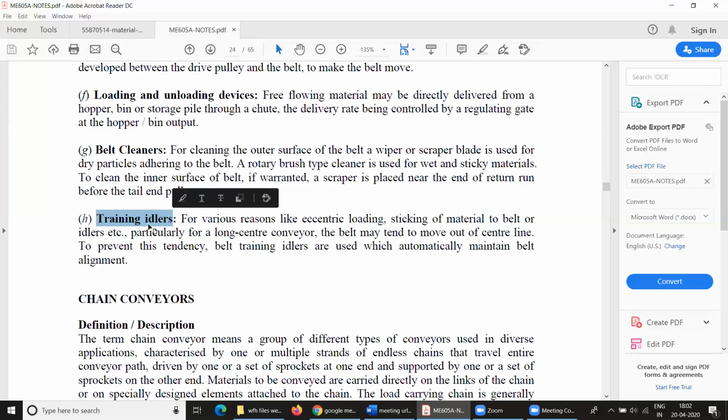This skewed position of the idler creates a force which tends to bring the belt back to its central position. In a long conveyor, such training idlers may be placed at about 30 meters to align the belt travel.